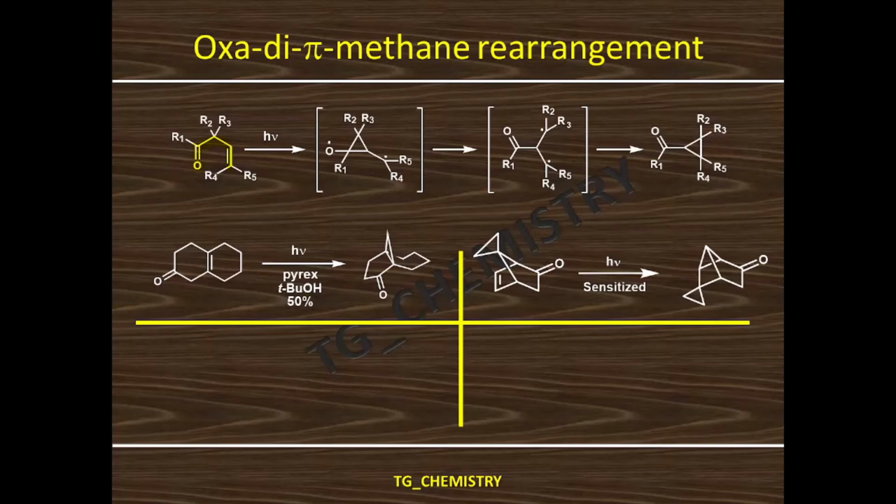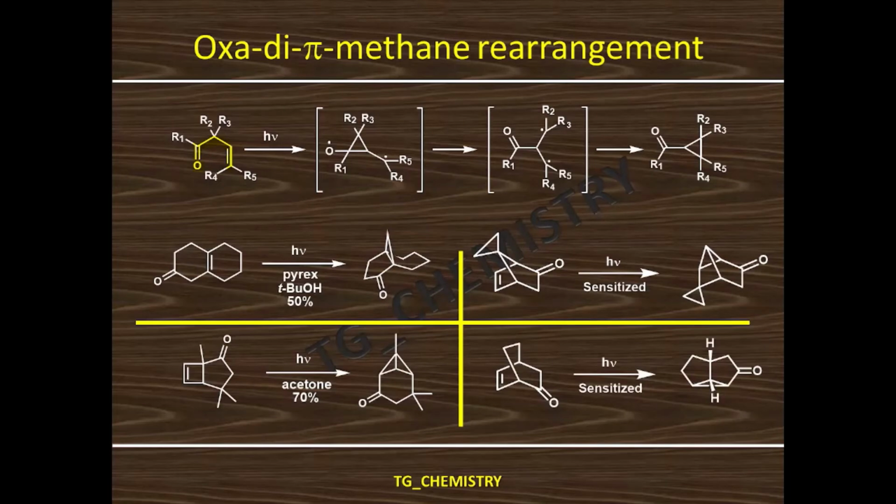The carbonyl functional group will be intact, and we will get a product according to the previous mechanisms that I have shared with you. In another example, you see this 4,5 fused ring system, which is again an oxa-di-pi-methane system, undergoing the rearrangement reaction in the presence of acetone sensitizer and photoirradiation, to give the desired product in 70% yield.